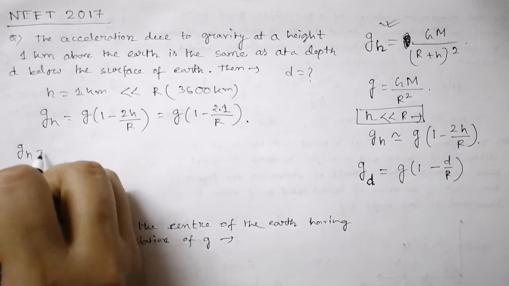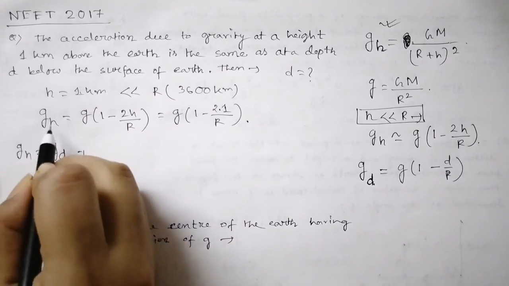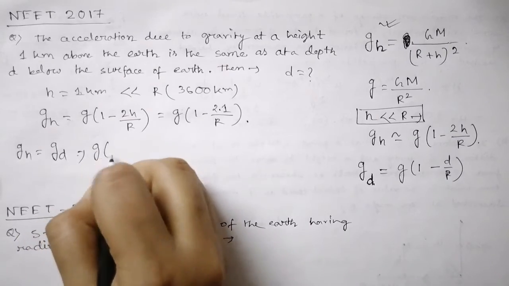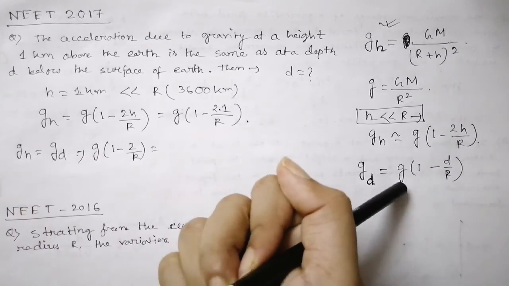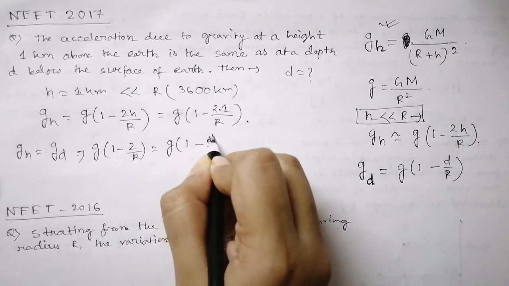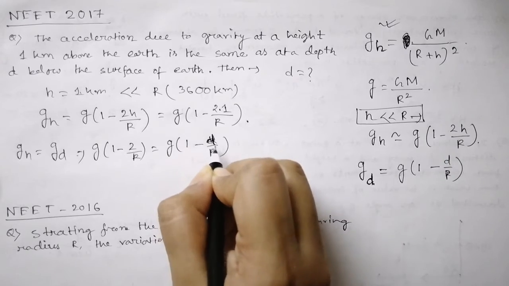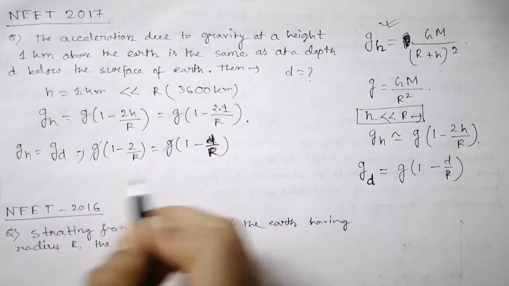So g h equal to g d, it is given in the question. So put the value of g h, g into 1 minus 2 by R. In place of g d, I will put g into 1 minus d by R. So g on both sides cancels out.